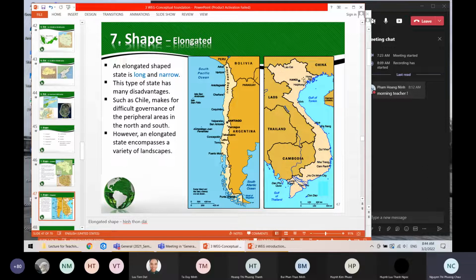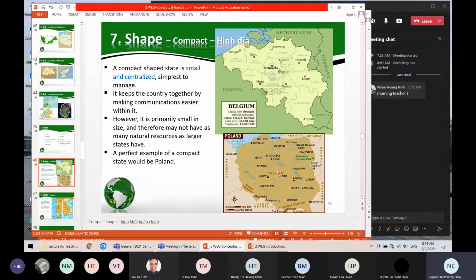Long and narrow supports a nation in having more kinds of resources, more kinds of landscape, and more opportunity to develop many economies. Instead of Poland, you see, limited resources and a simple landscape that cannot support many economies well.